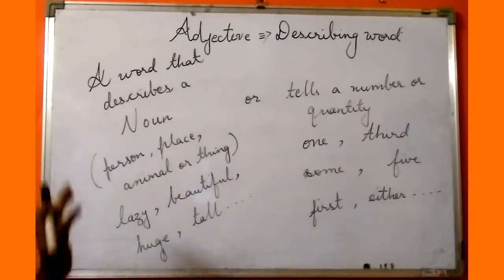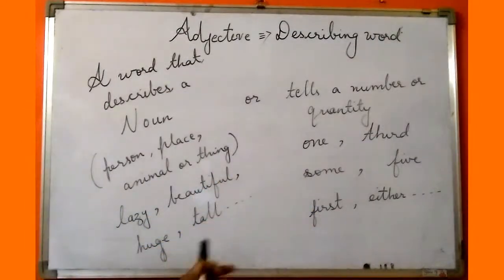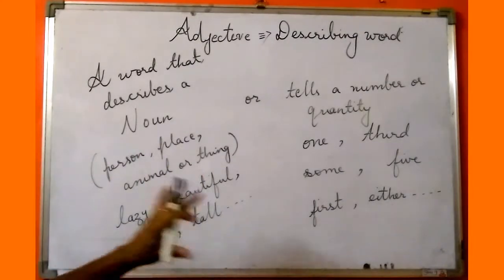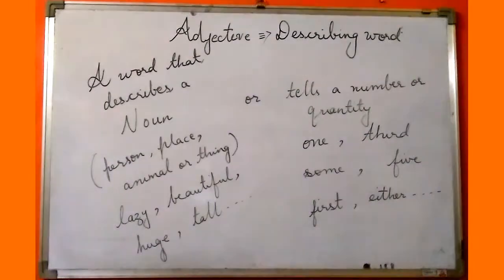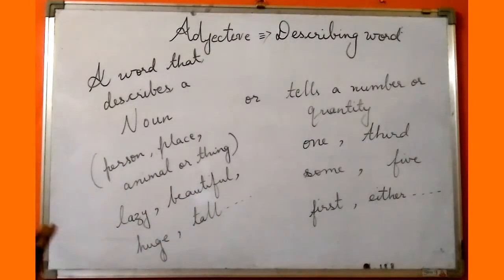If I say words like one, third, some, five, first, either, then I am telling a number or a quantity. Such words which describe a noun, or which tell you about a number or quantity, are called adjectives. I hope this is very, very clear to everyone.